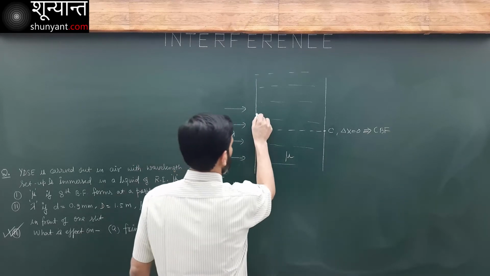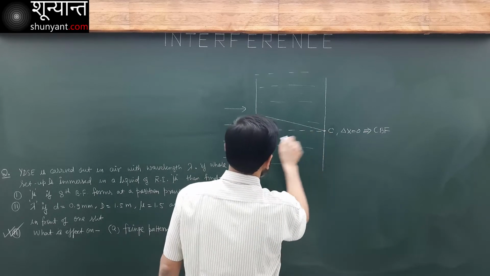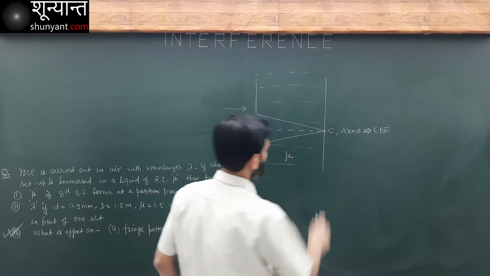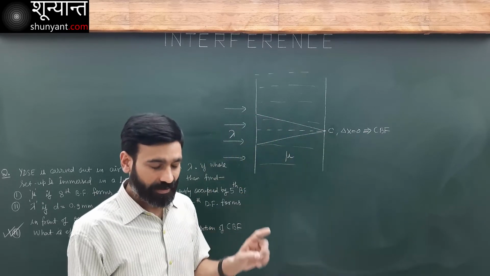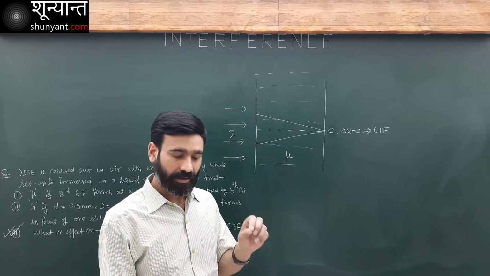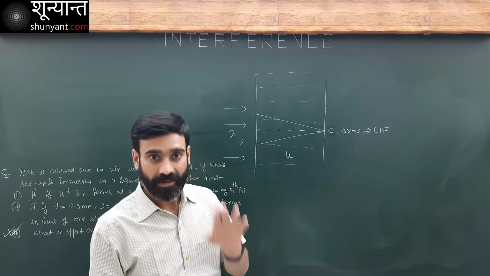Now, if I look at these two waves, they are traveling the same distances. Their geometrical paths are the same, and optical paths are also the same because both are in air.